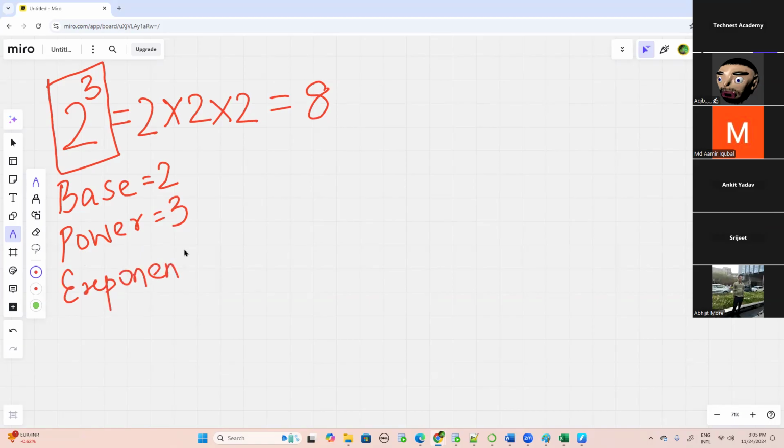Is this clear? These are the basic things which you must know. This is very commonly used in ML models, and this is one of the questions I gave yesterday. We'll discuss it today. Anything which keeps on increasing or decreasing with time needs an exponent, like when you design machine learning models.